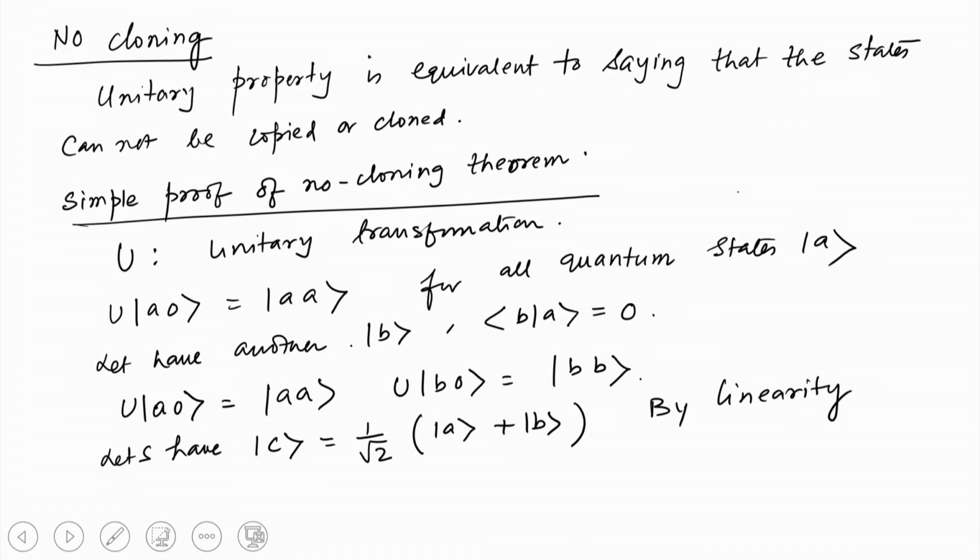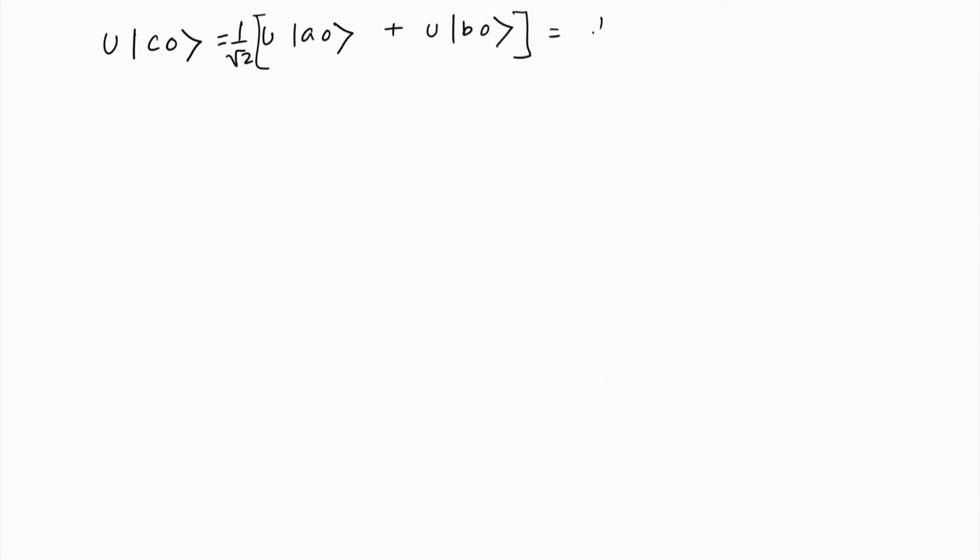Now, what happens is that U on C0 would create 1 by root 2 times U acting on A0 plus U acting on B0, which is going to give 1 by root 2 times AA plus BB.